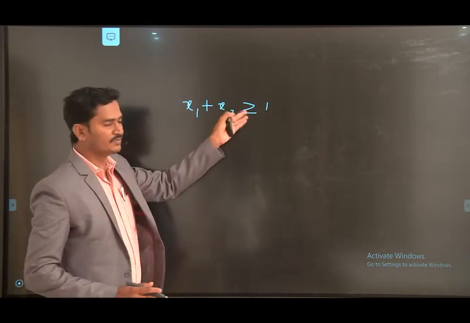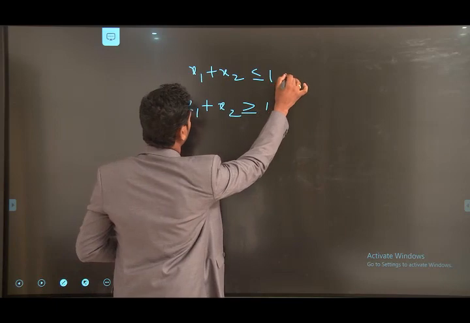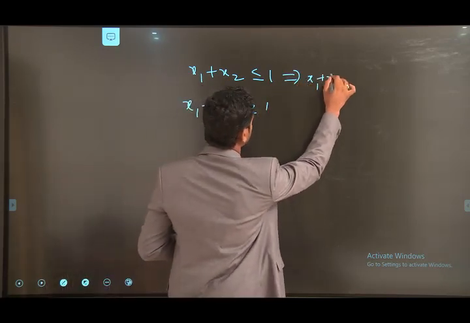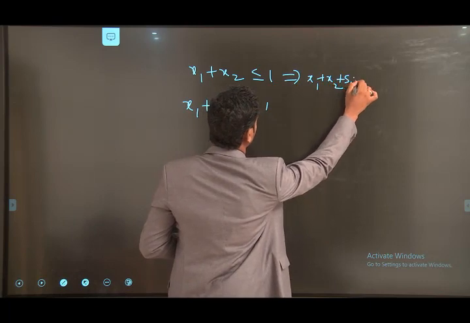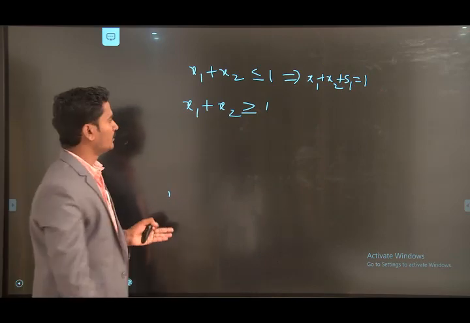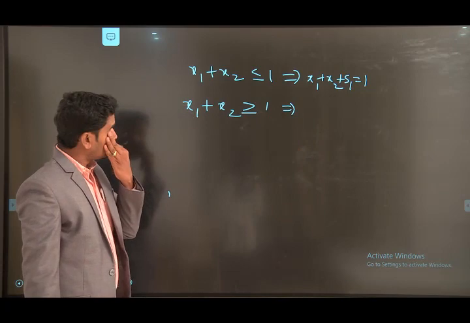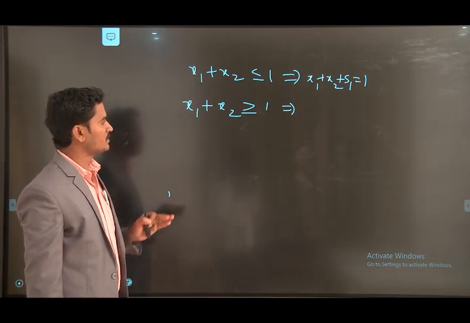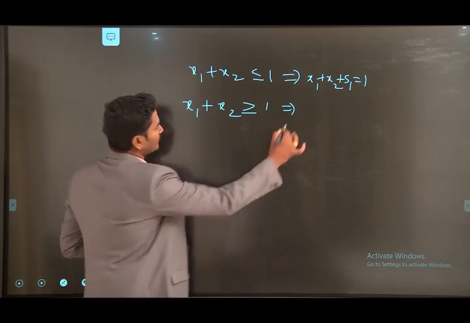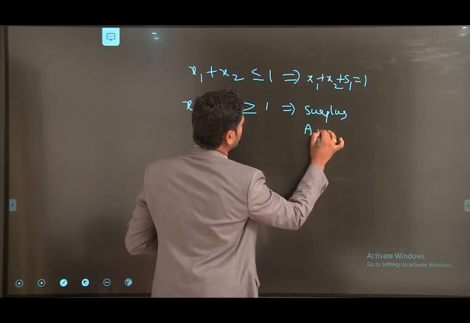If it is a less than or equal to type, x1 plus x2 less than or equal to 1, we simply take the slack variable and convert it like x1 plus x2 plus s1 equal to 1. But in this case we have the greater than or equal to type. Converting this inequality into equality by adding a slack variable is not possible. For that case, we have to convert this inequality into equality by adding surplus variables and artificial variables.